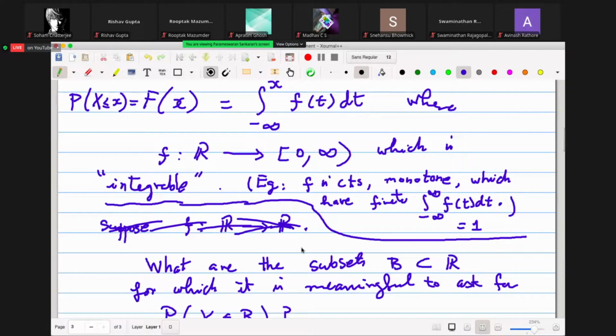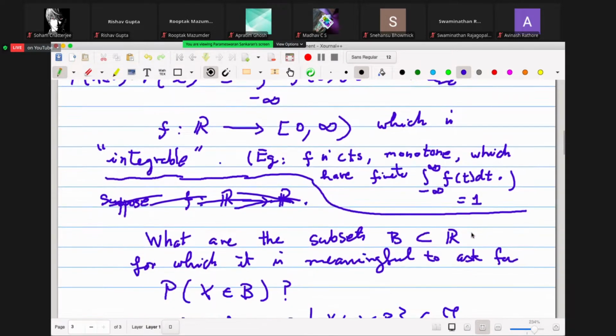In our special context, taking mod f is redundant because f already takes values only in non-negative reals. And when you integrate it over the whole thing, that must give you a value equal to 1.